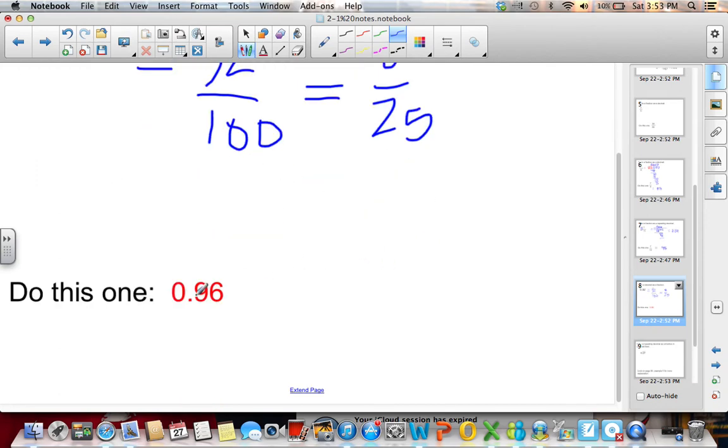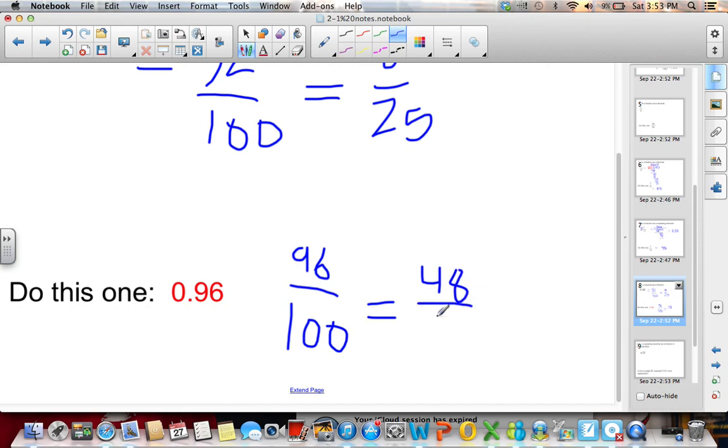Okay, try 0.96. And you should have gotten 96 100ths. And if you divide them both by 2, you would get, what would you get? 48 50ths.